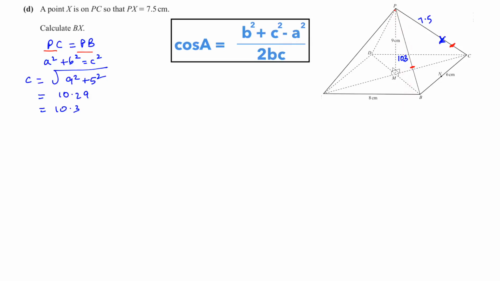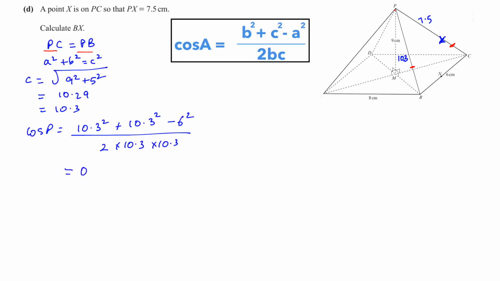And both these sides are 10.3. So using the cos rule, cos P is equal to 10.3 squared plus 10.3 squared minus 6 squared, which is opposite the angle P, divided by 2 multiplied by 10.3 multiplied by 10.3.